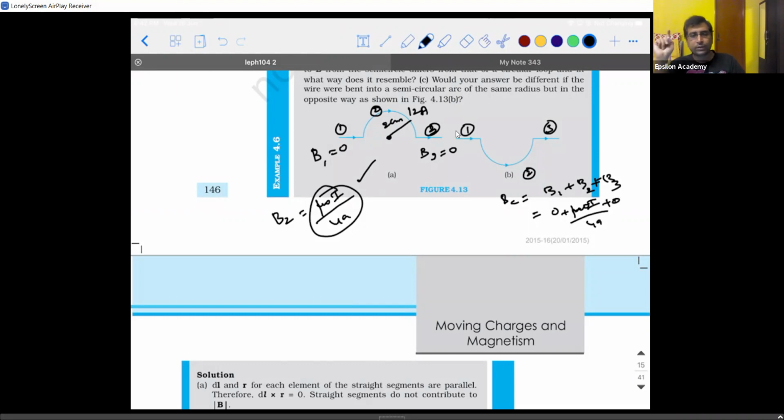But what is the difference? It is the directions which will be different. In the first case, the magnetic field at the center will be into the plane, and in the second case, it will be out of the plane.